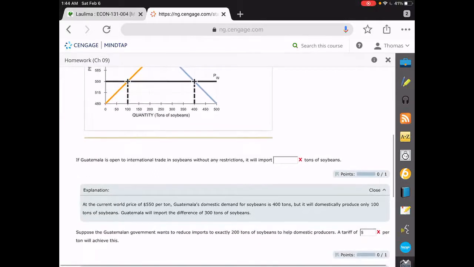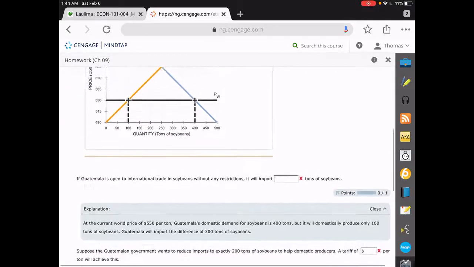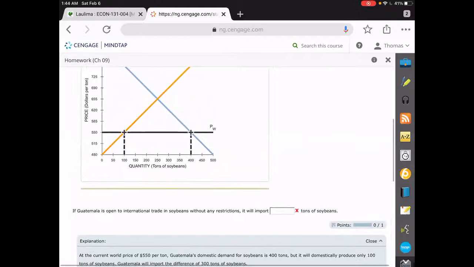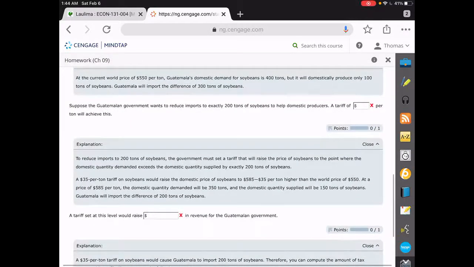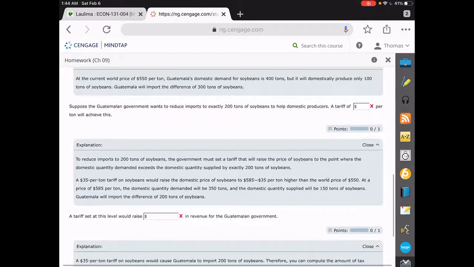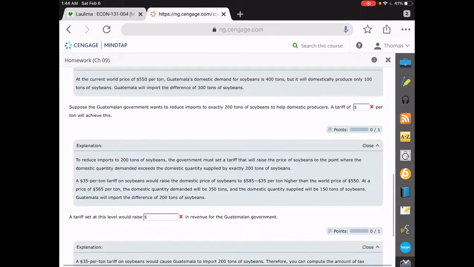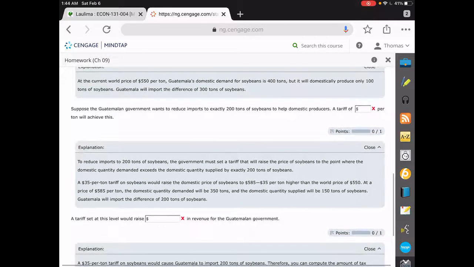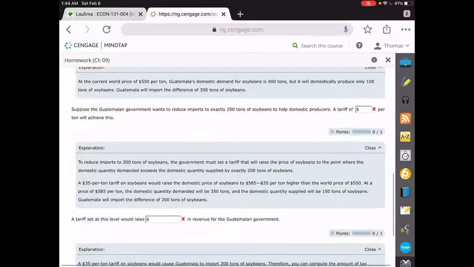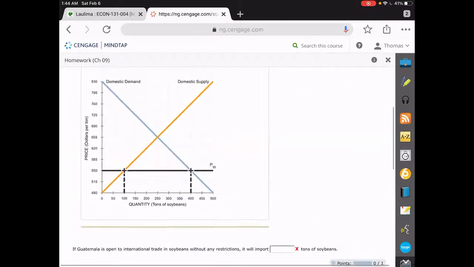And if it wants to reduce it to 200, how much of a tariff would it have to impose? Well, then you kind of have to raise the line up. And it looks like it's happening when the price is 585.